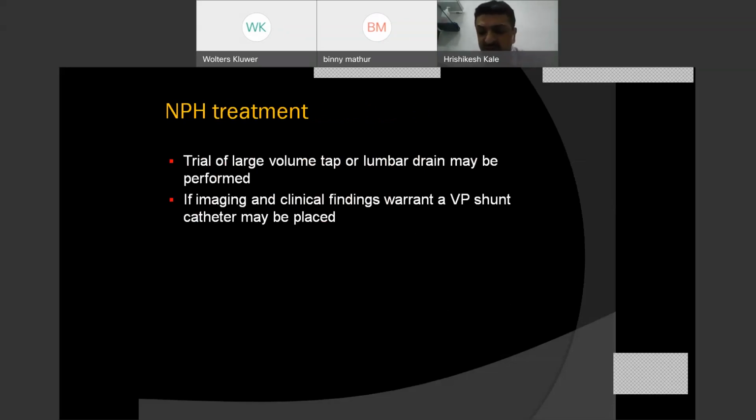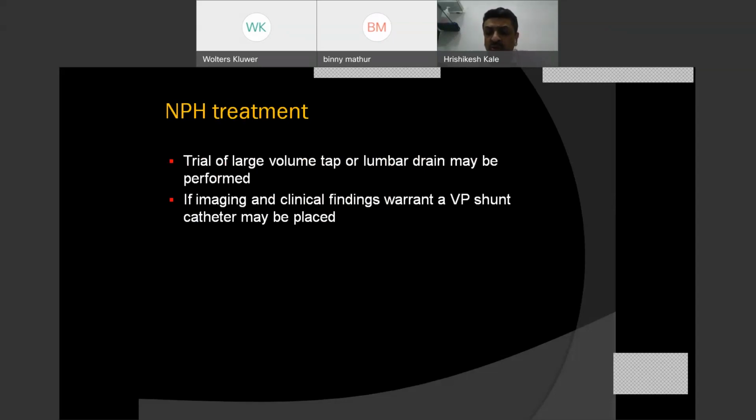So how do you treat NPH? Different geographic locations treat NPH differently. In some areas, if there is enough evidence based purely on imaging and the clinical signs and symptoms suggest the presence of NPH, some places will directly go for placement of a VP shunt, whereas other places will be a bit more cautious.